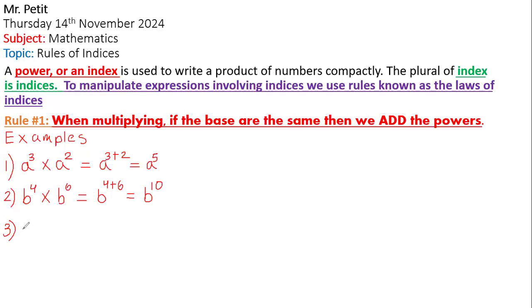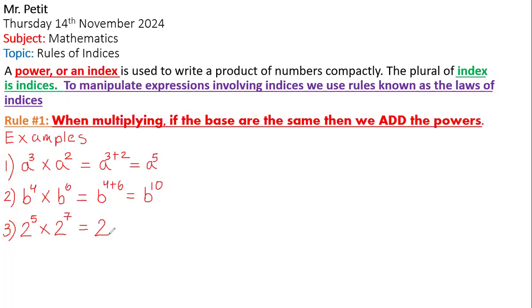Next, what if I have 2 to the power of 5 multiplied by 2 to the power of 7? What's the answer going to be for this one? Multiply, 2 to the power of 12.